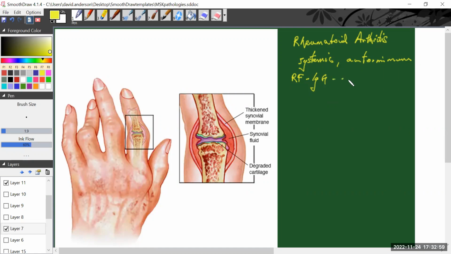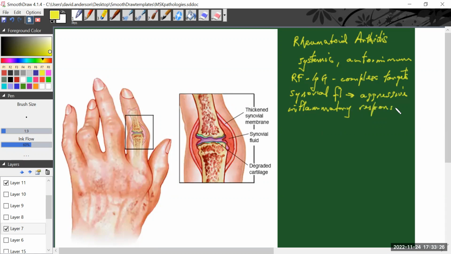So this complex targets synovial fluid, and we get this very aggressive inflammatory response.